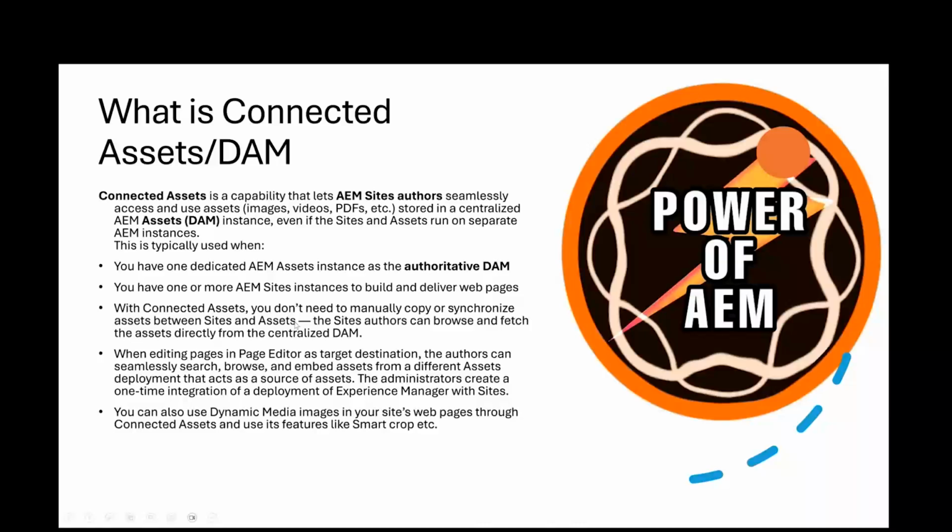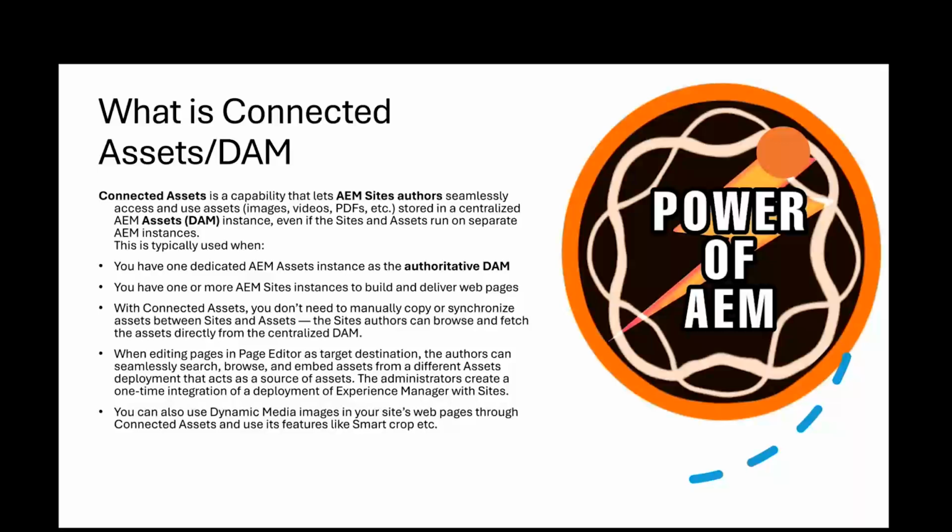When you are uploading and managing your assets in the asset instance and you would like to use the same asset with multiple site instances, there is no need to do any kind of synchronization, because that is the beauty of connected assets. Your author can easily traverse, search, and find better results from the asset instance and can use them on the site.